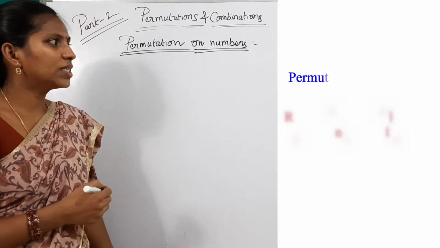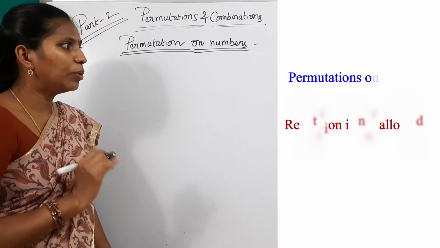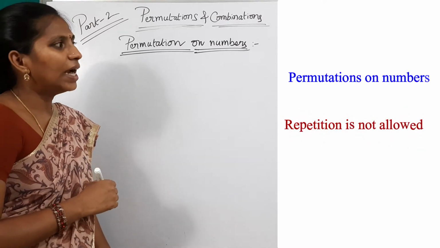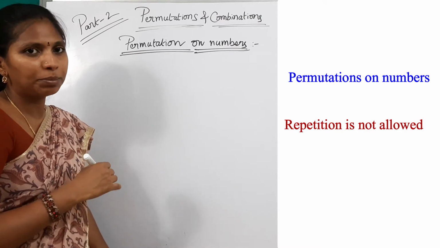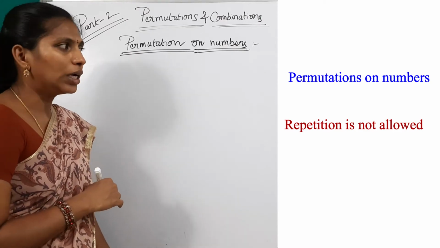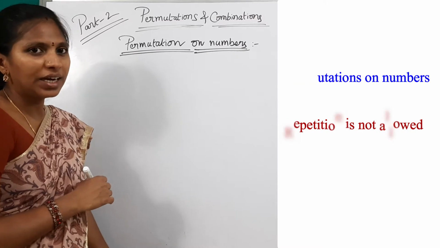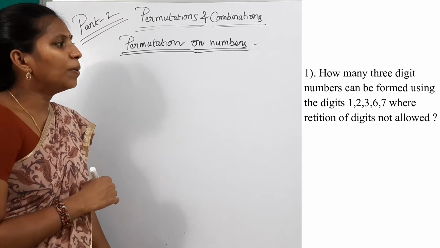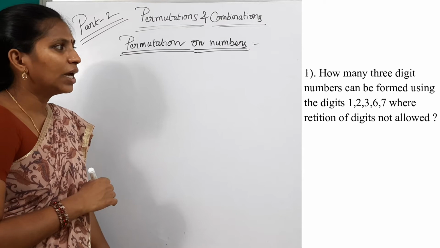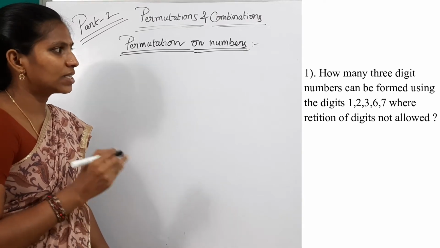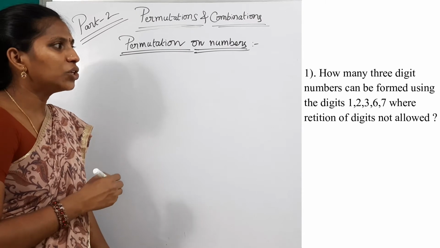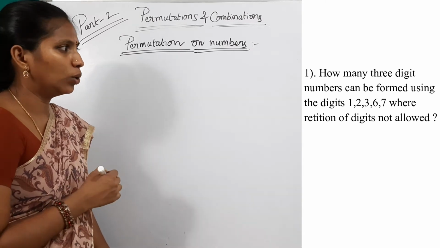Now see questions related to numbers, permutations on numbers, and repetition is not allowed. The arrangement of numbers, repetition is not allowed. To get a clear idea, see the first question. How many 3-digit numbers can be formed using the digits 1, 2, 3, 6, 7, where repetition of digits is not allowed?